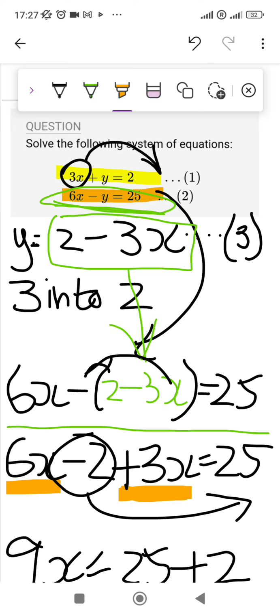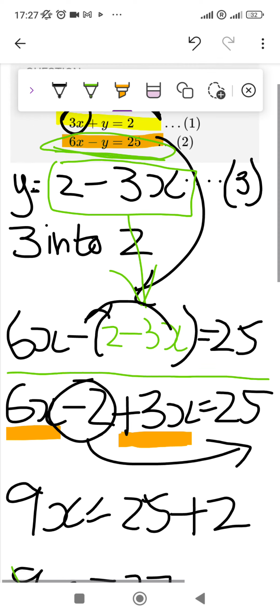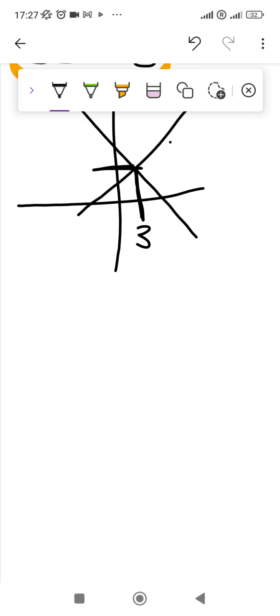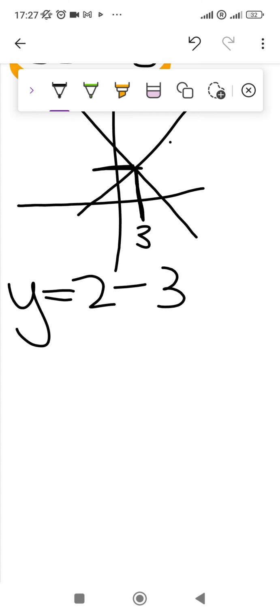I'm going to choose number 3 because I think it's the simplest, because y is already alone on one side. So y equals 2 minus 3x, but now instead of x we're substituting the value we found, which was 3.